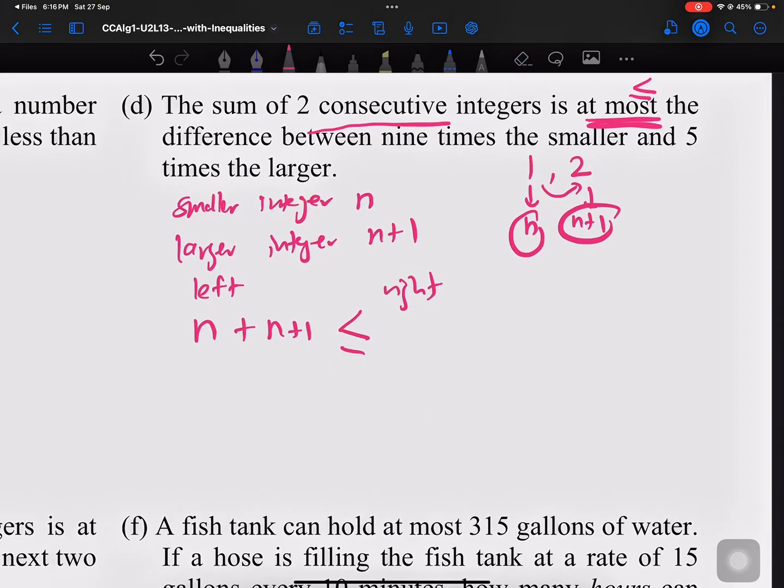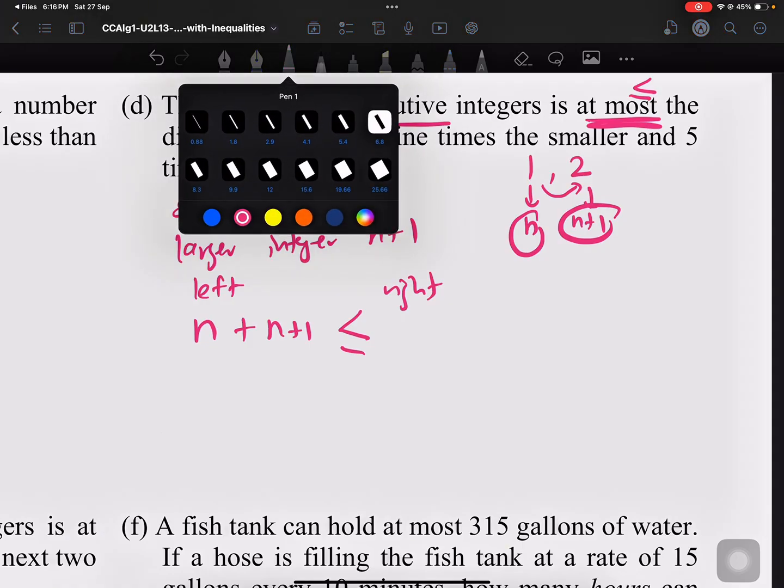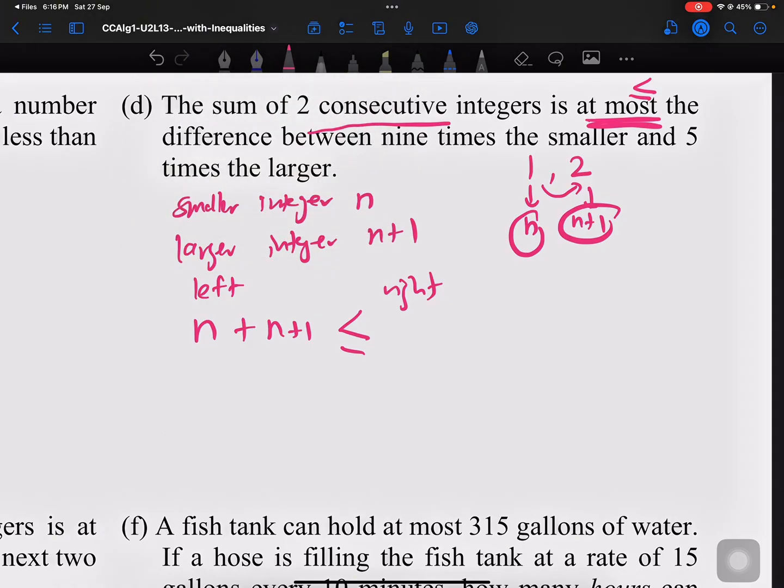The difference between 9 times the smaller. Okay, I need to memorize my consecutive part. 9 times the smaller. Which one is smaller? Smaller is n. So 9 times smaller, meaning we are using 9n. And 5 times the larger. Which one is larger? n plus 1.